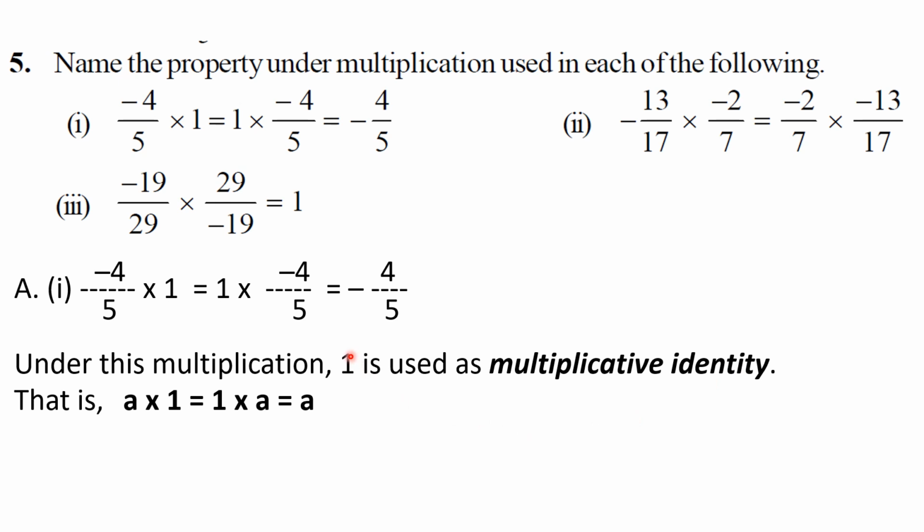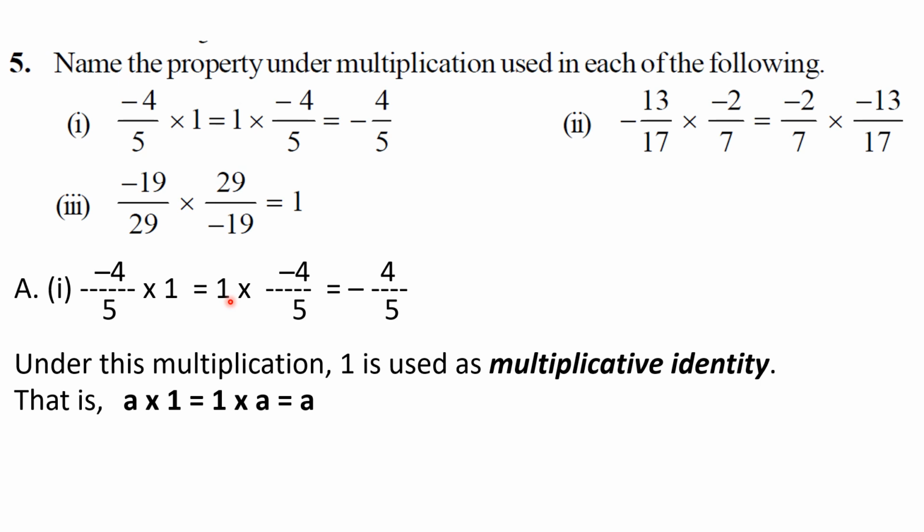It means if you multiply any number by 1, its value remains unchanged. Its identity is not affected. That means multiplication of any number by 1 does not change the identity of the number. Its value remains the same. So minus 4 upon 5 when multiplied by 1 remains minus 4 upon 5.